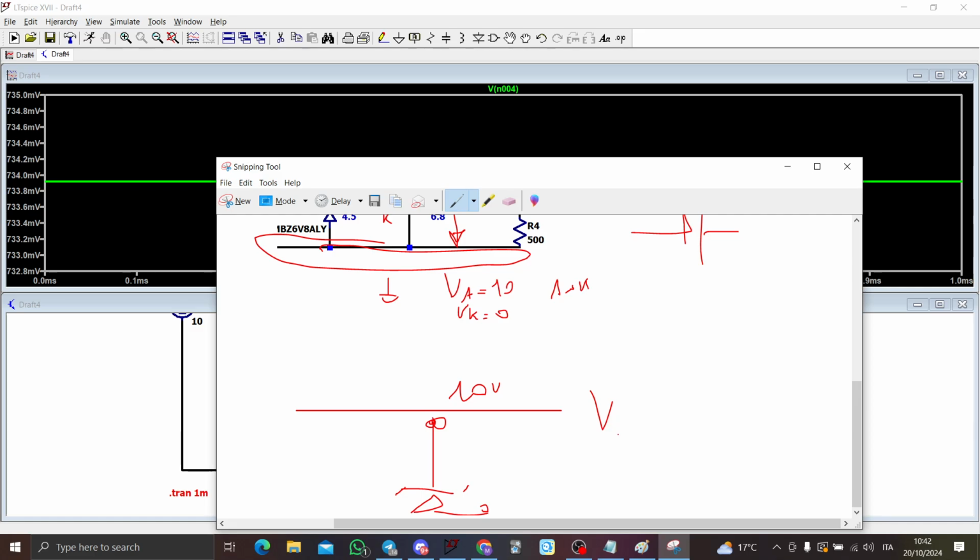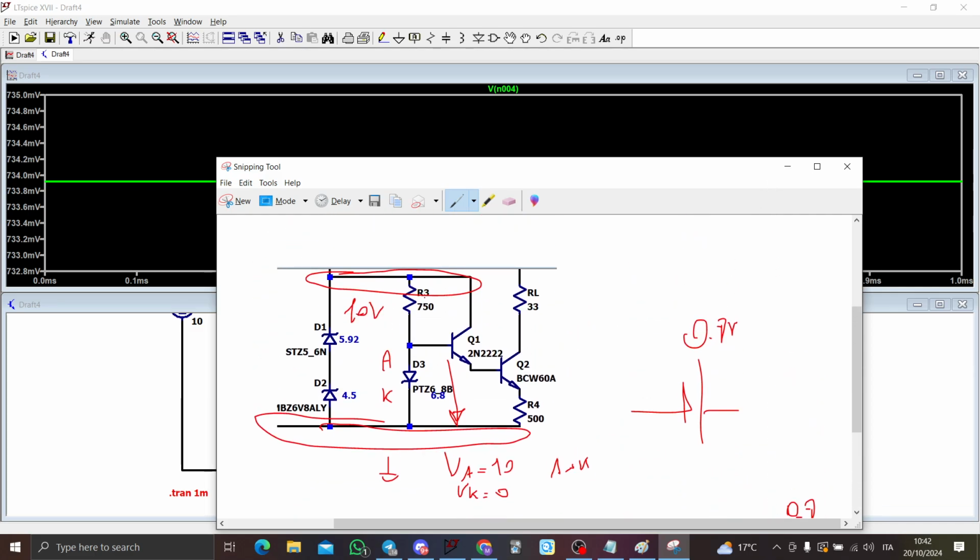So we had VA 0 volts, VK equal to 10, so VAK equal to minus 10. So we are not in this region of the curve, it is not acting like a 0.7 V conducting diode, but like a Zener. So it is giving us the breakdown Zener voltage, which is 6.8, which is exactly what we want.